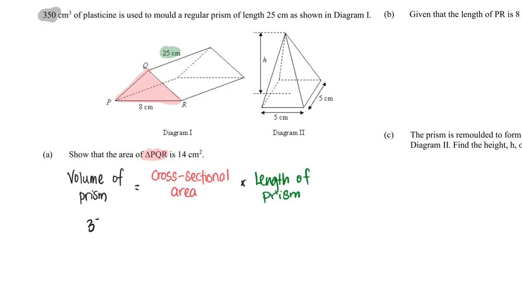So I have 350, I have the area of the triangle PQR, and I have 25.